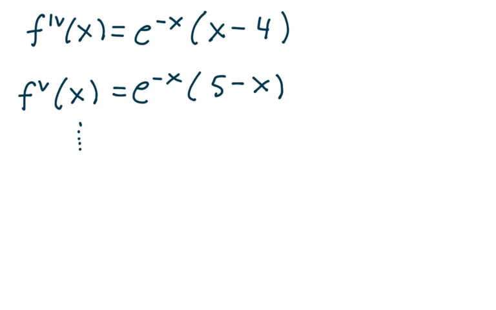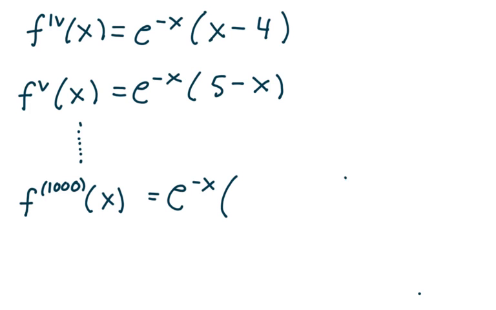So I claim if I get the 1,000th derivative, I'm going to get e to the negative x times. So now, 1,000 is even. So when we got to the fourth derivative, we got e to the negative x times x minus 4. So when we want the 1,000th derivative, we're going to get e to the negative x times x minus 1,000.